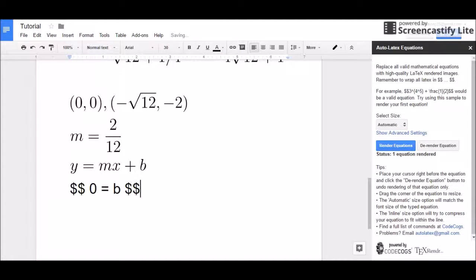So we're just left with 0 plus b, which is b. Because b is 0, y is just equal to the slope distributed to this equation.